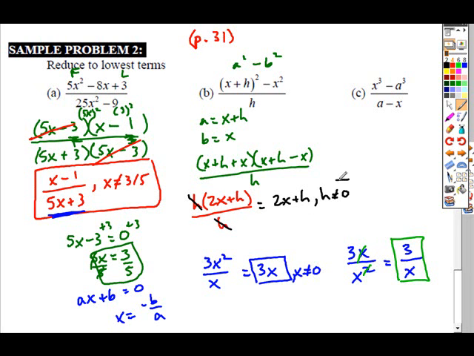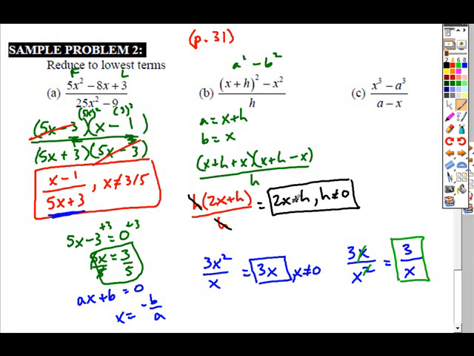h can't be 0. Okay, now, this might seem inconsistent with one of the directions I've given you, and that is when you write your answers in standard form, it needs to be alphabetical order. Let me talk about the exception to that. The alphabetical order rule will apply anytime the letters are all from the beginning of the alphabet or all from the end of the alphabet.